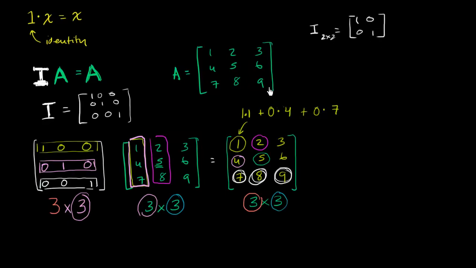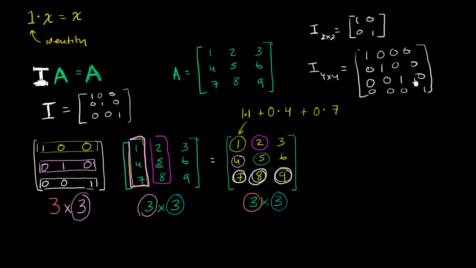If you have a 4 by 4 identity matrix, it is going to be, you could guess it, 1, 0, 0, 0, 0, 1, 0, 0, 0, 0, 1, 0, 0, 0, 0, 1. You essentially just have ones down the diagonal going from the top left to the bottom right. And what's neat about identity matrices, you multiply it times any matrix, and you're going to get that matrix again.